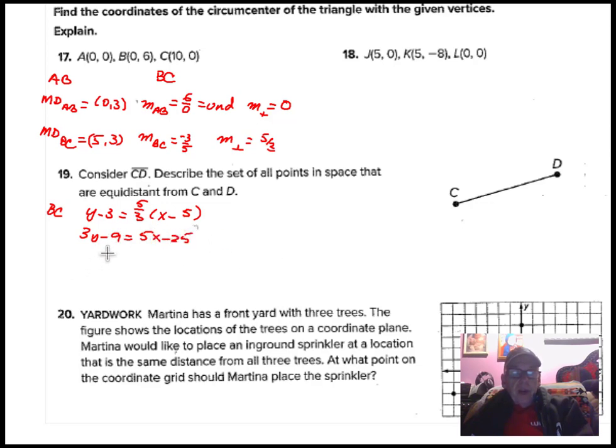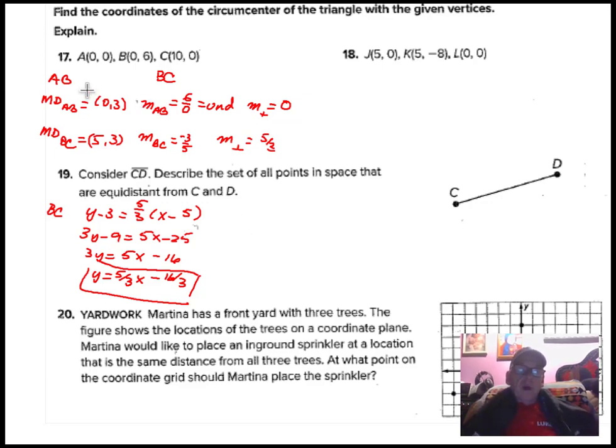Add 9 to both sides. 3y is equal to 5x minus 16. And then divide everything by 3. y equals 5/3 x minus 16/3. So here's the equation of the perpendicular bisector of BC.